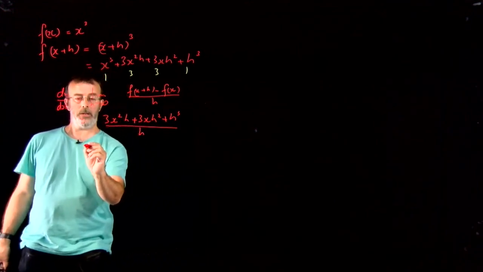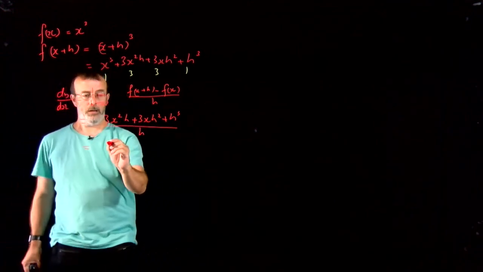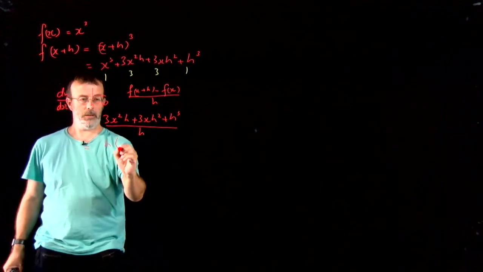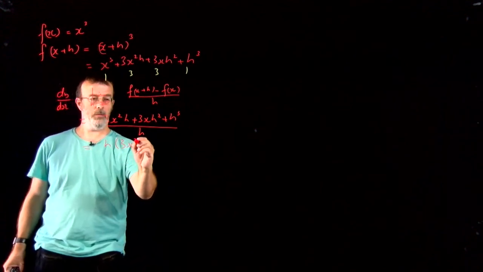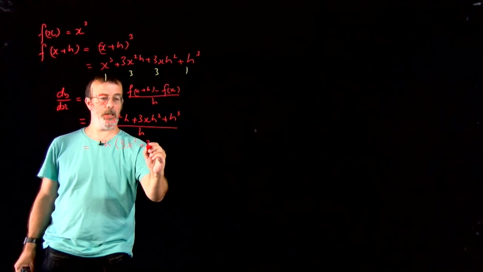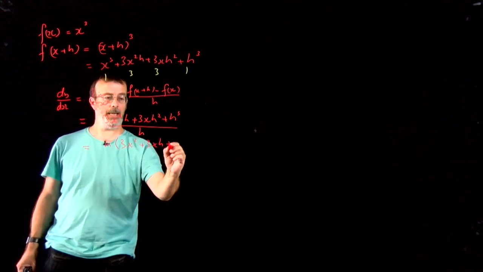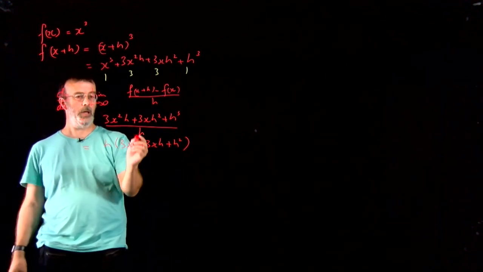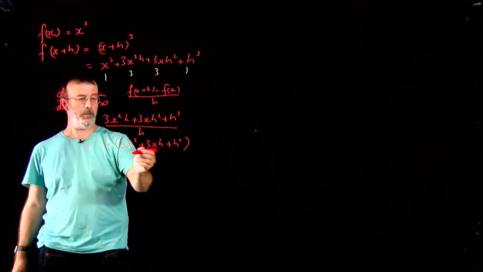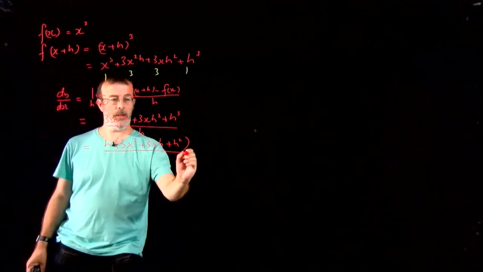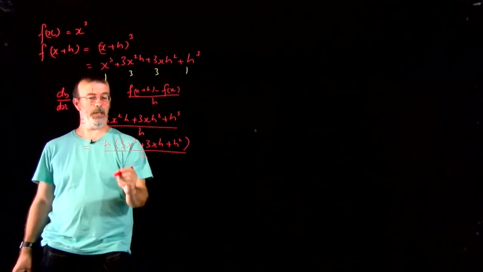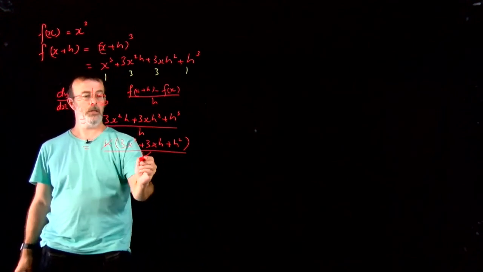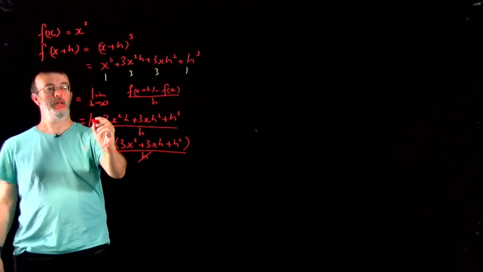And thanks to one of my esteemed colleagues, I'm now going to use my new way of showing this by taking the h out of that expression, which leaves us with h times 3x squared, which you can read anyway, so I'll move on. And then we're still divided by h, so at this point the h's cancel.